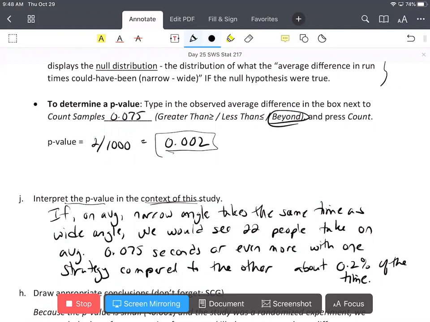We would see 22 people take on average 0.075 seconds or even more, so more extreme, even further out, even bigger, with one strategy compared to the other, about 0.2% of the time. That's tiny, okay? That's very, very small.